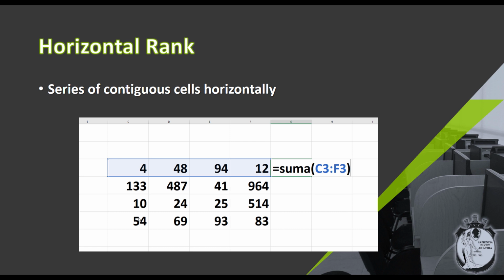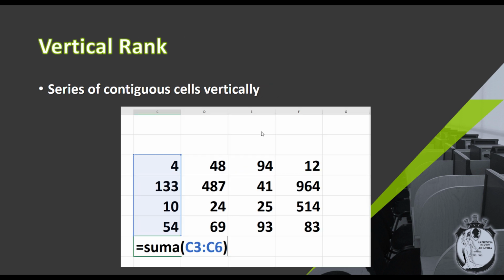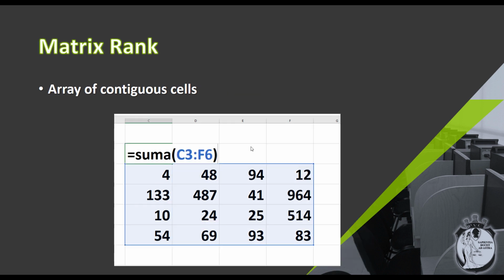In the horizontal range, the cells are continuous horizontally, like that. In a vertical range, the cells are continuous vertically. In a matrix range, you need to arrange continuous cells, but in two dimensions, like that.